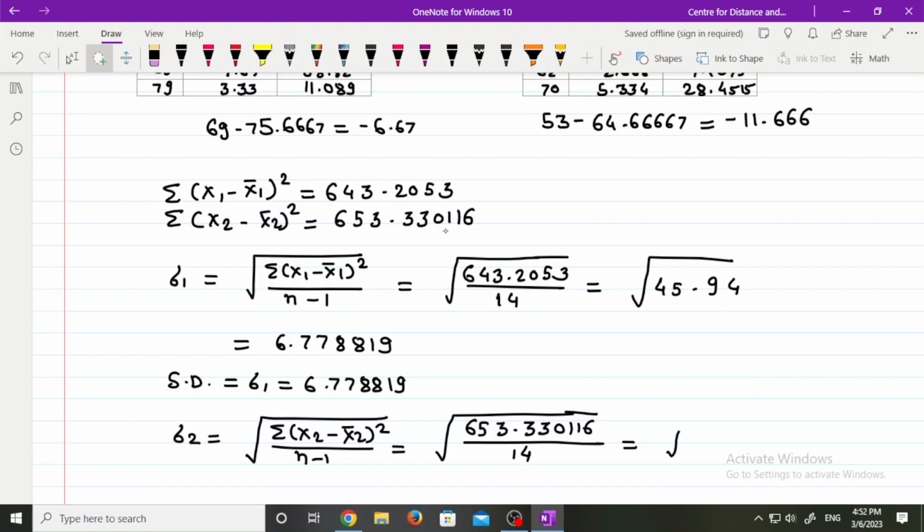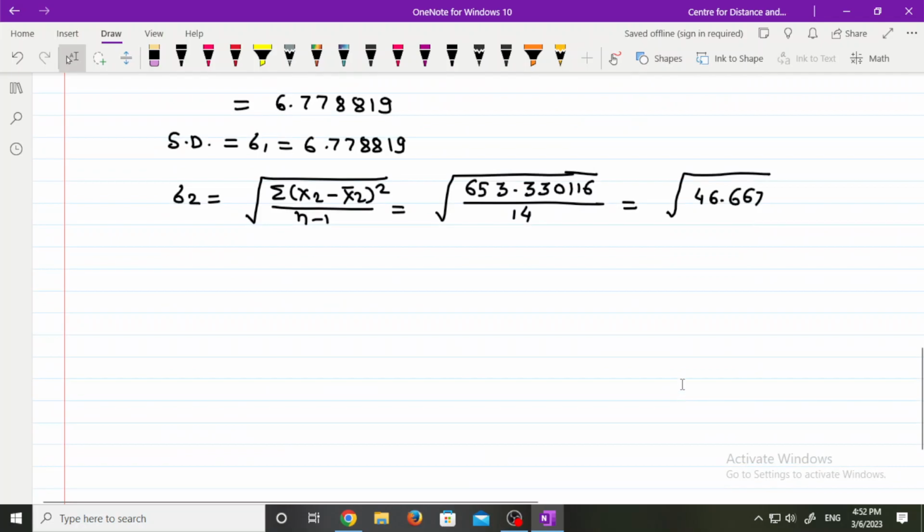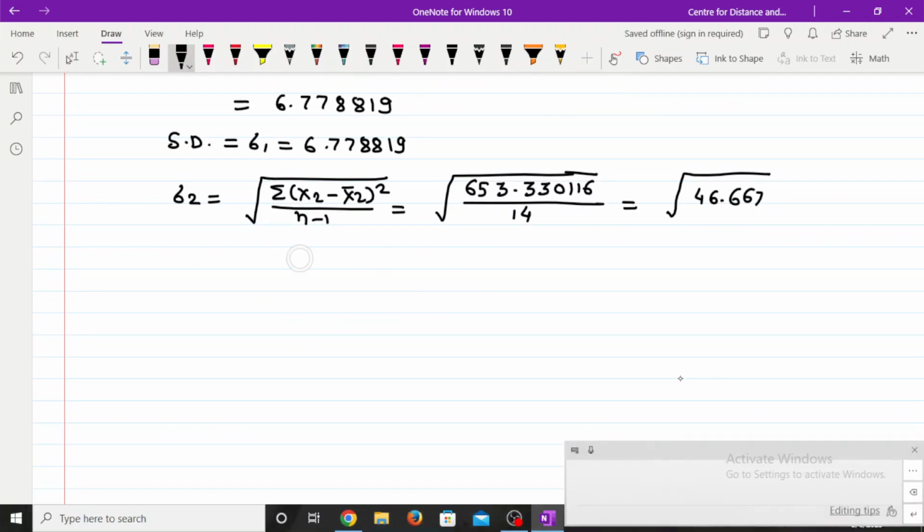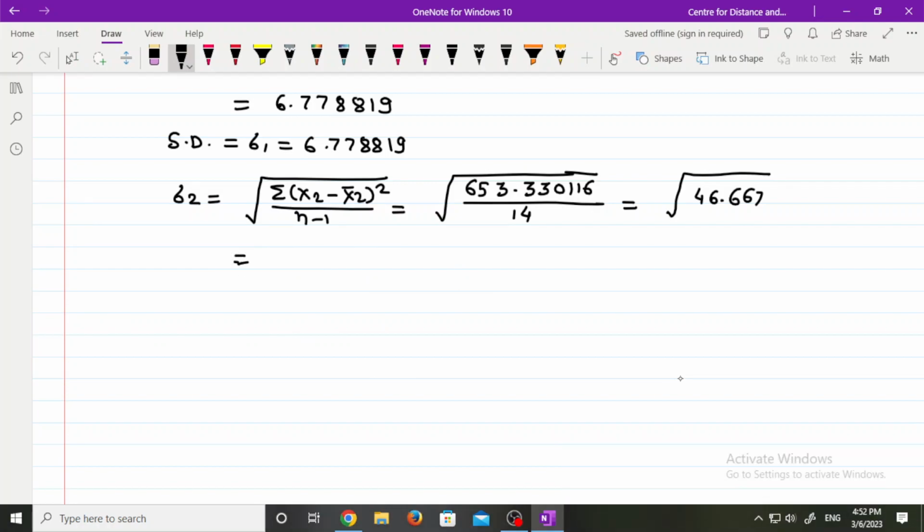When we divide 653.330116 by 14, we get 46.667, and the square root of 46.667 is 6.8312. So the standard deviation sigma 2 is 6.8312.